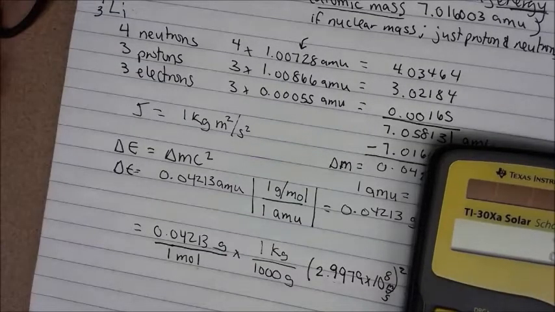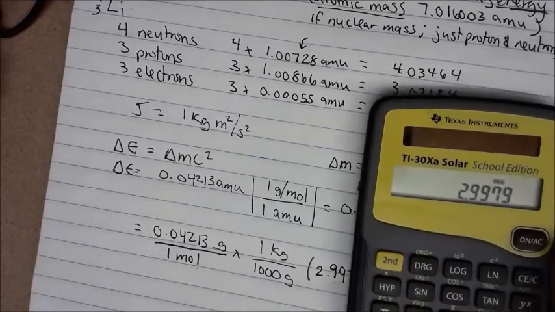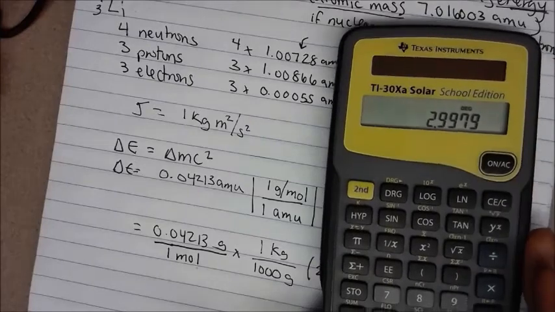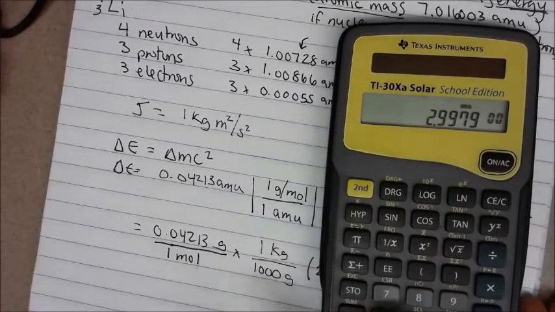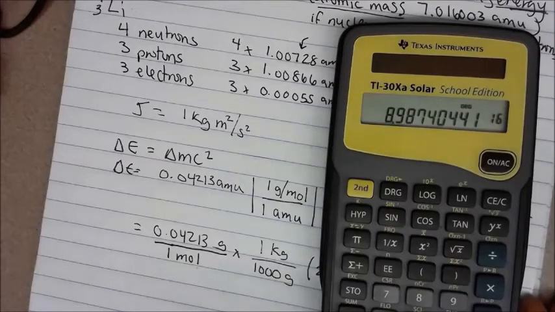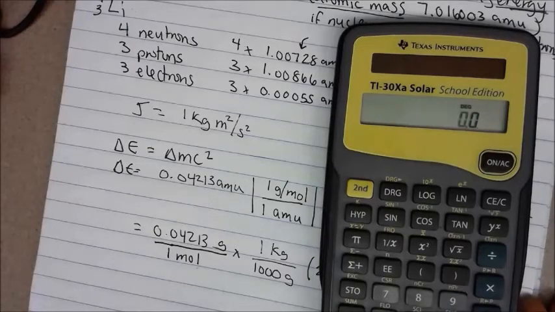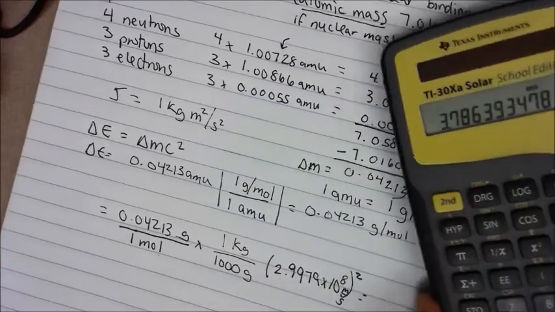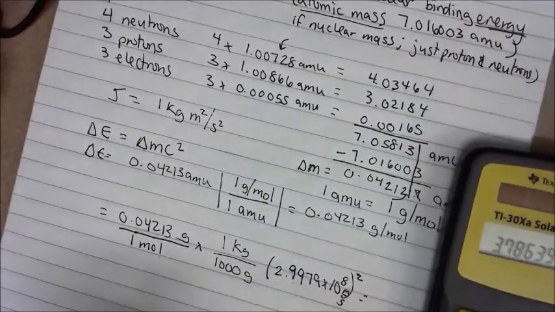So to do the exponent, we use the EE button. And to square it, there's a squared button. Now we can input the rest of our calculations, and write down our answer.